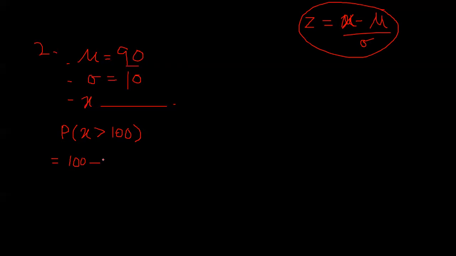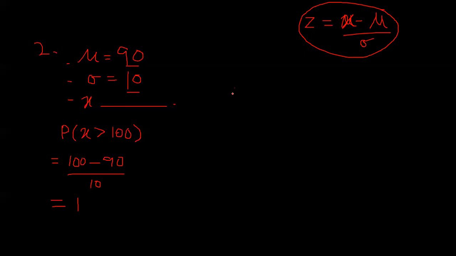So 100 minus 90, divided by sigma that has been given here, which is 10. When you calculate the value, you will get the Z value equal to 1.